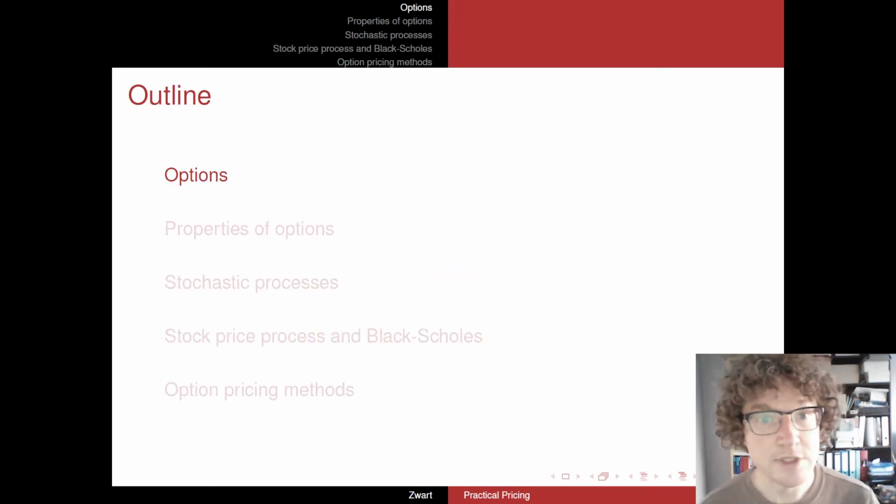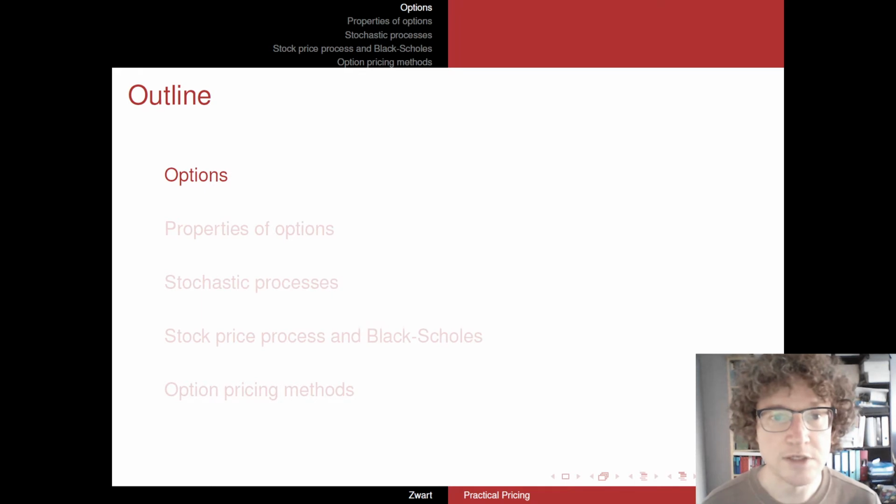First, I'll give you an introduction of what options are, and then we'll go into the generic properties of those options. Then, to delve a little bit into the theory of how to price options, I have to say a bit about stochastic processes, which describe the random paths that stock prices follow in the future.